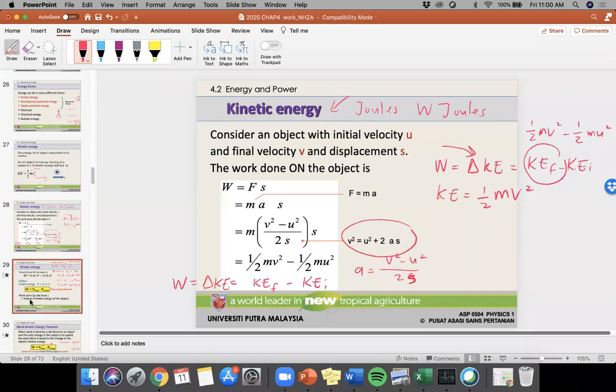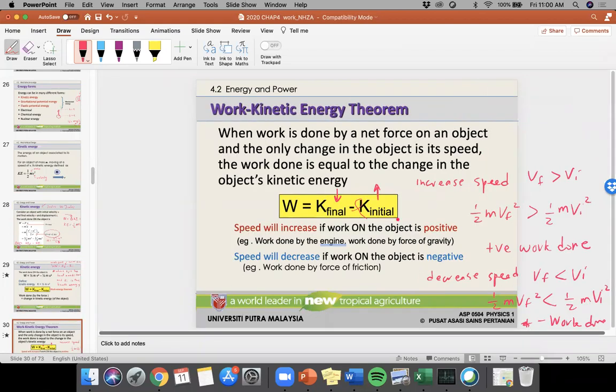So only then are we concerned with V and U, and use this equation. So if the question gives a situation where the velocity increases or decreases, then we use final and initial. If velocity is constant, K final equals K initial, right? So work done is 0. In that situation we only have kinetic energy but we don't have work done.